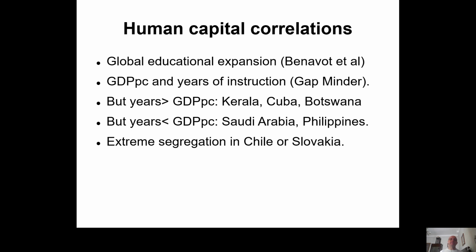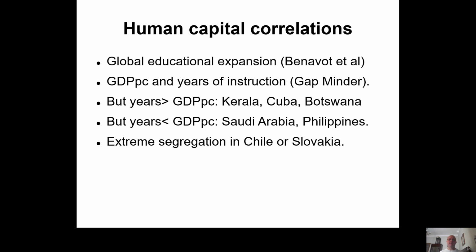Some economists claim that it's interesting to look at human capital to the extent that there are significant correlations between education and GDP. We will look at the details. I just want you to be aware that human capital has to do with these correlations.